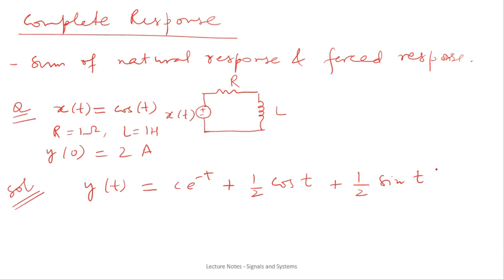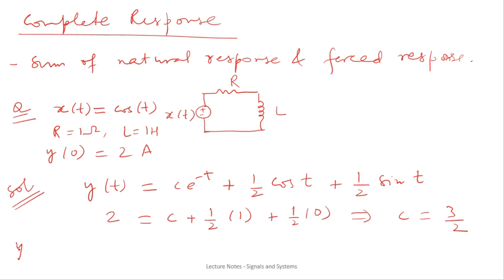If I put the initial condition, 2 equals C plus half times 1 plus 0, that will give C equals 3 by 2.